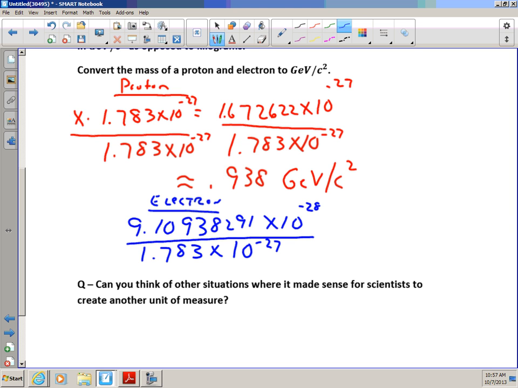Keep saying that fast, it'll drive you crazy. Okay, that is approximately 5.109 times 10 to the negative first, which in standard form would be 0.5109 giga-electron volt.